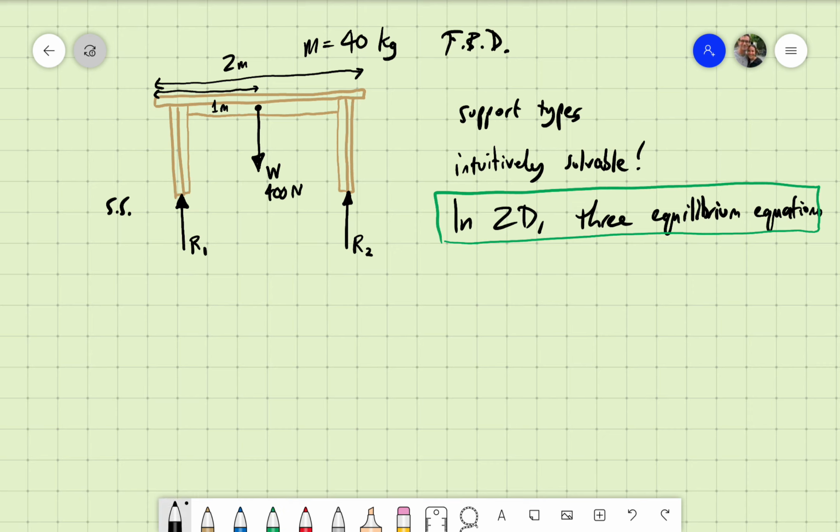And those 3 equilibrium equations are these. The sum of all forces in the horizontal direction, the sum of all forces in the vertical direction, and the sum of all moments.